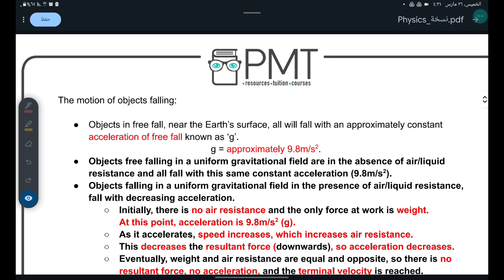The motion of an object falling, as we call it, free fall.